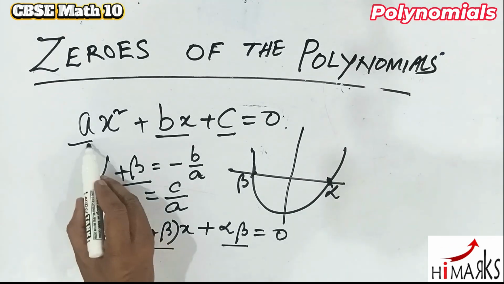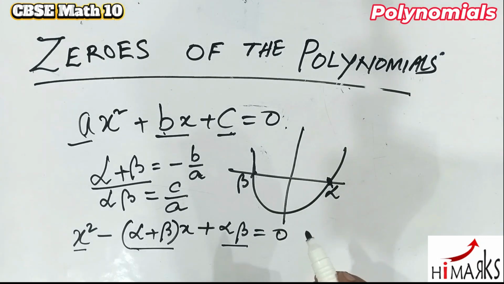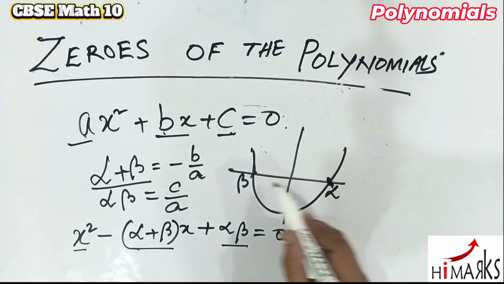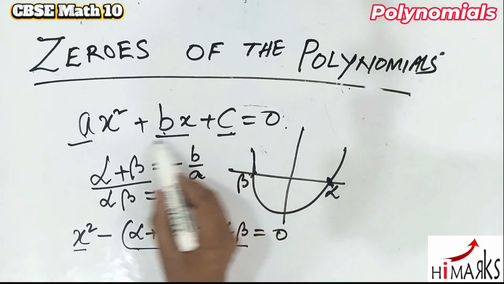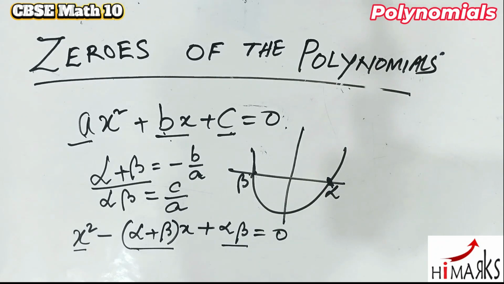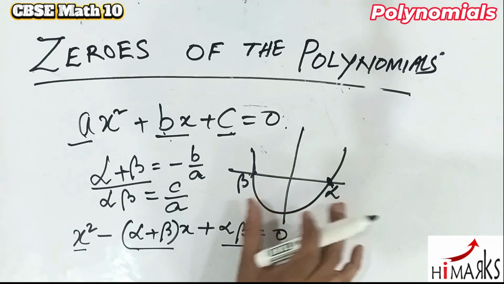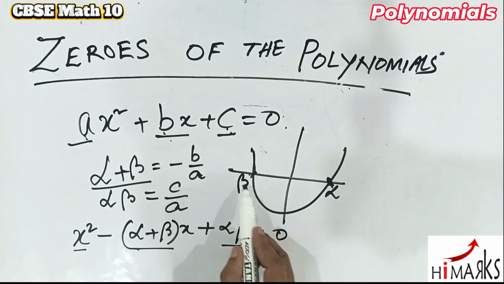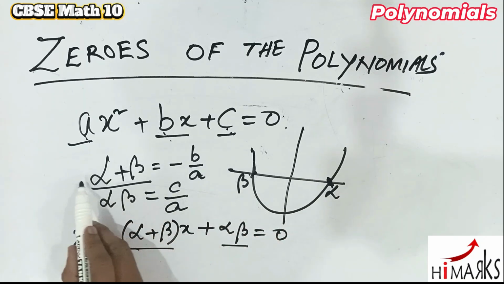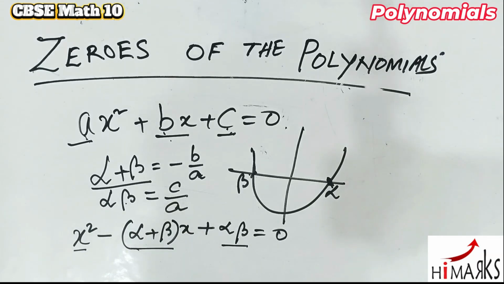These three constants a, b and c are related to where the roots will be, because if a, b, c change, the curve moves, so the alpha and beta positions change. That is why they have a direct relation: alpha plus beta equal to minus b by a, and alpha beta equal to c by a.